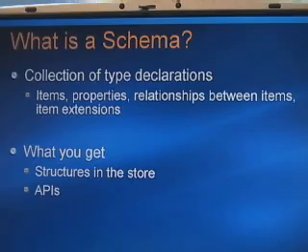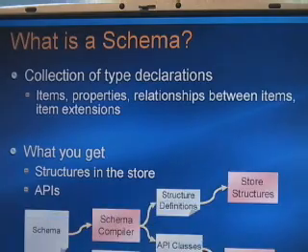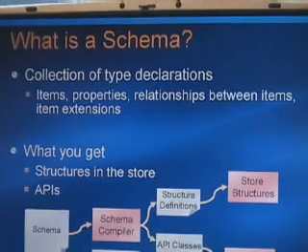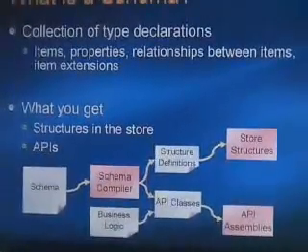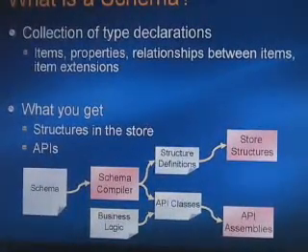What you get from a schema is two things. Firstly, there are structures in the store, that is the actual things that we put the data into. And then secondly, there are APIs that allow you to access those structures. You can think of this visually as shown by this little diagram, in which you have a schema as a document being fed into a schema compiler over on the left here.